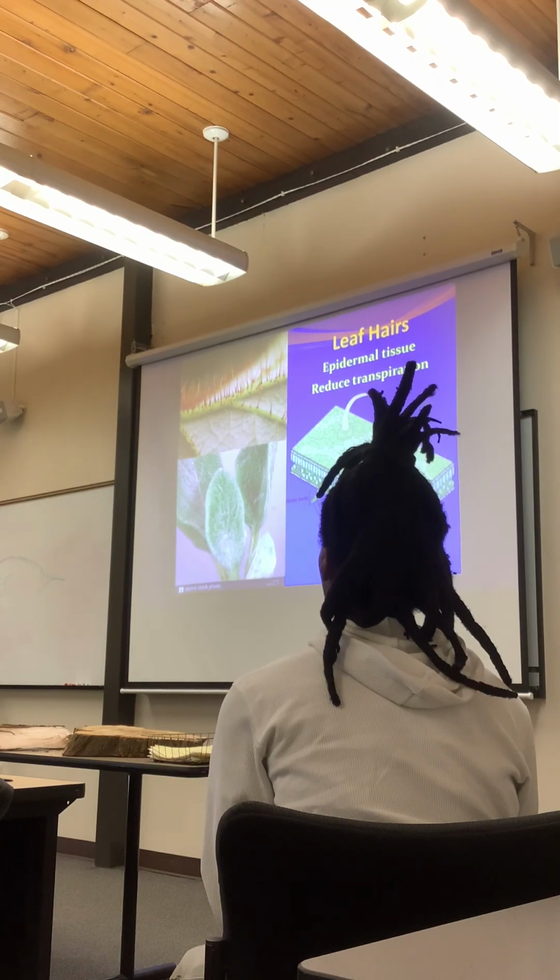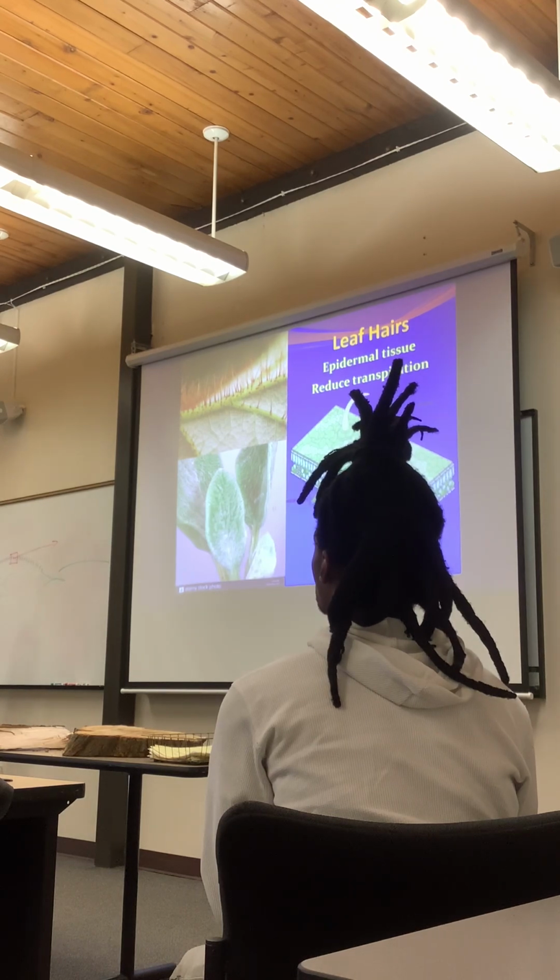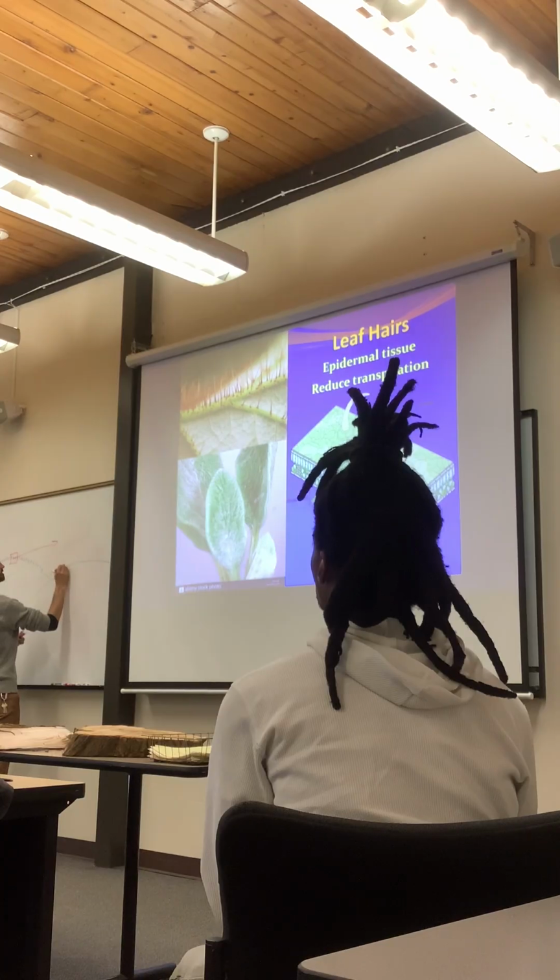Okay, so now let's zoom in on a little chunk. Get the surface of the leaf. Is it smooth or serrated? This is entire, smooth. So these are stomata in the example, and blue is the leaf hairs.